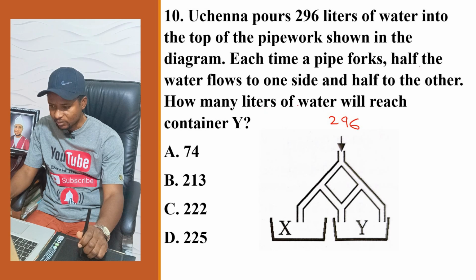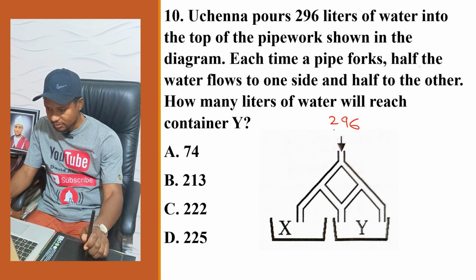How many liters of water will reach Y? Wow, I love this. So let's divide by 2. 296 divided by 2, you have 148. So that's what will flow here, 148, 148. Then getting here, it will split again.